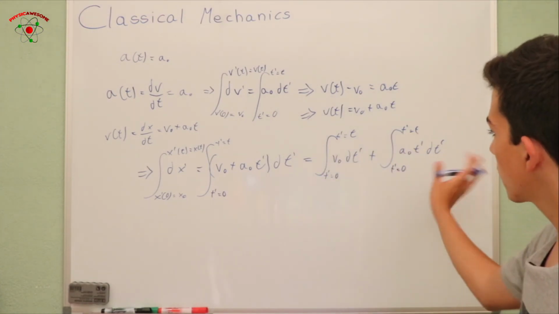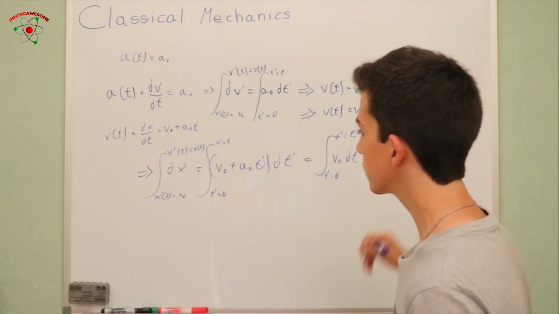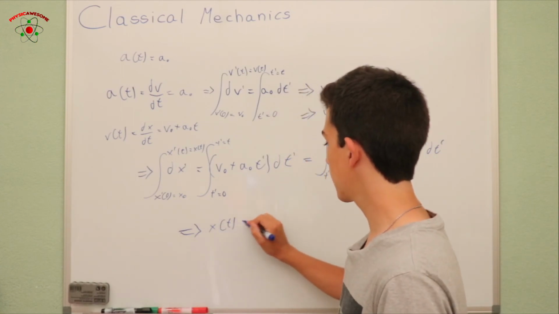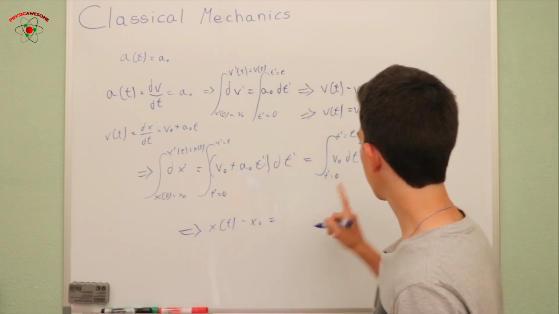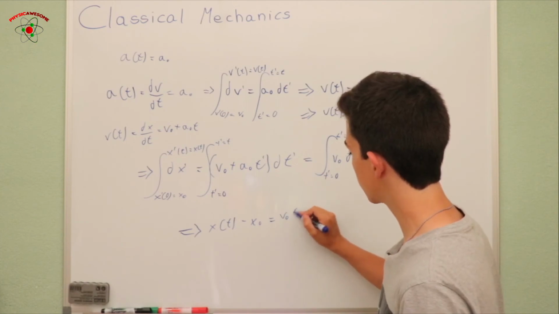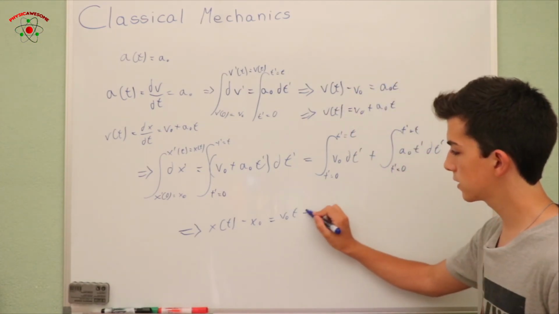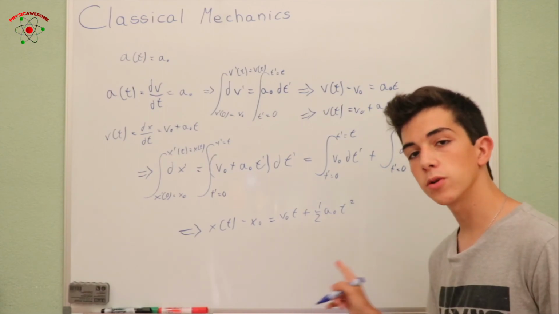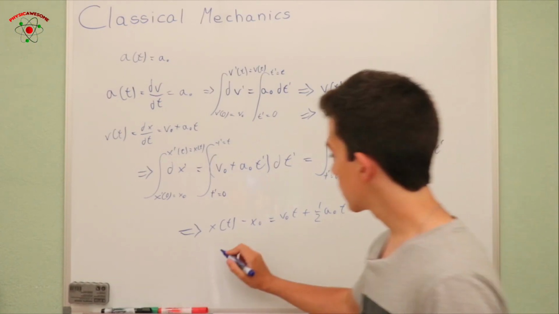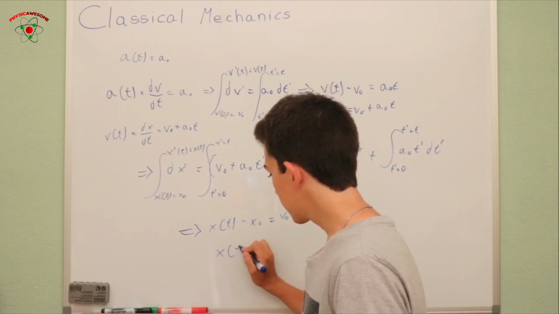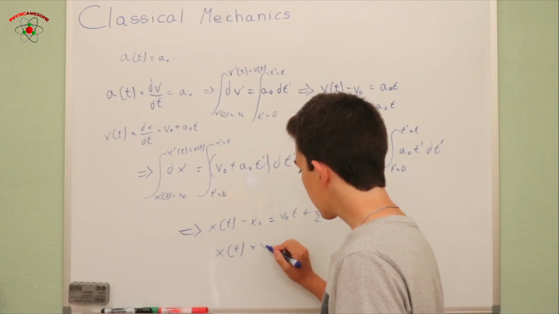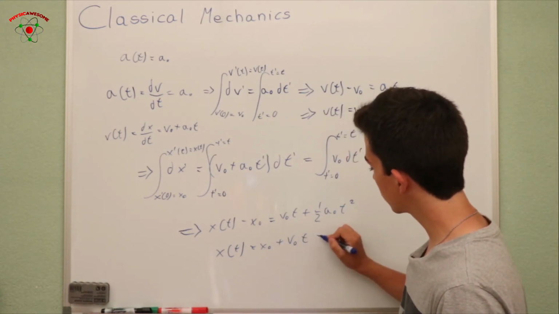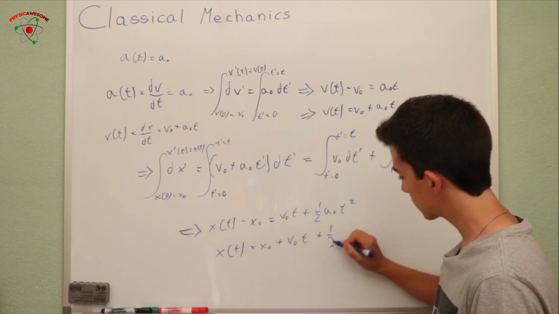And if we carry out all of this integration, we will find out that x of t minus x sub 0 equals this contribution, that's v sub 0 t, plus 1/2 a sub 0 t squared. And if you look closely enough, you can find out this is once again one of the classic equations that are used in kinematics.